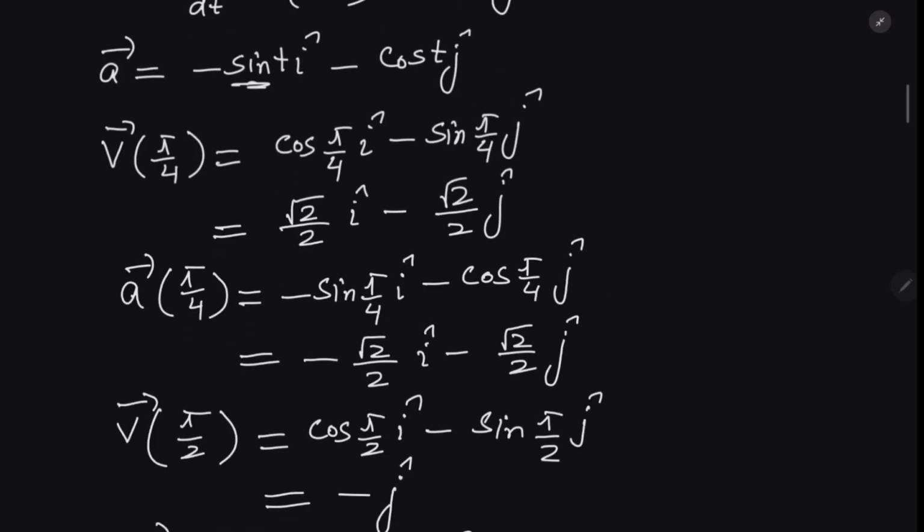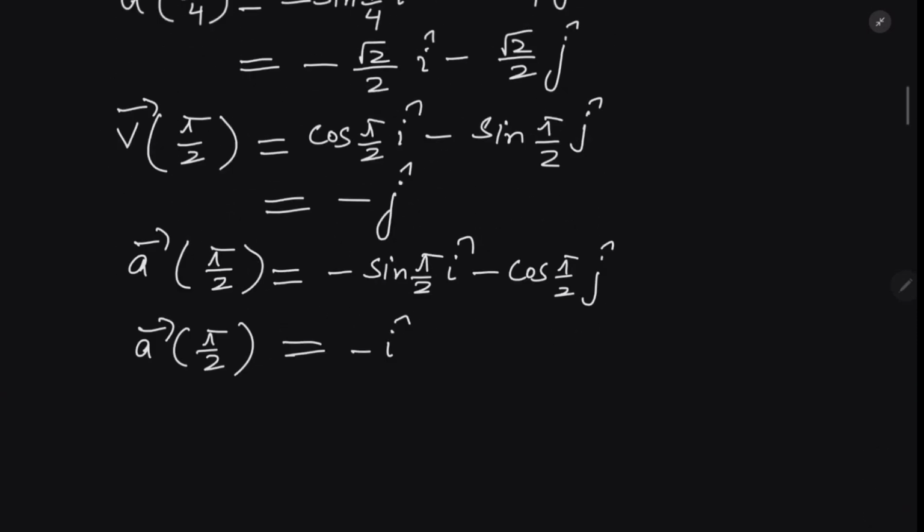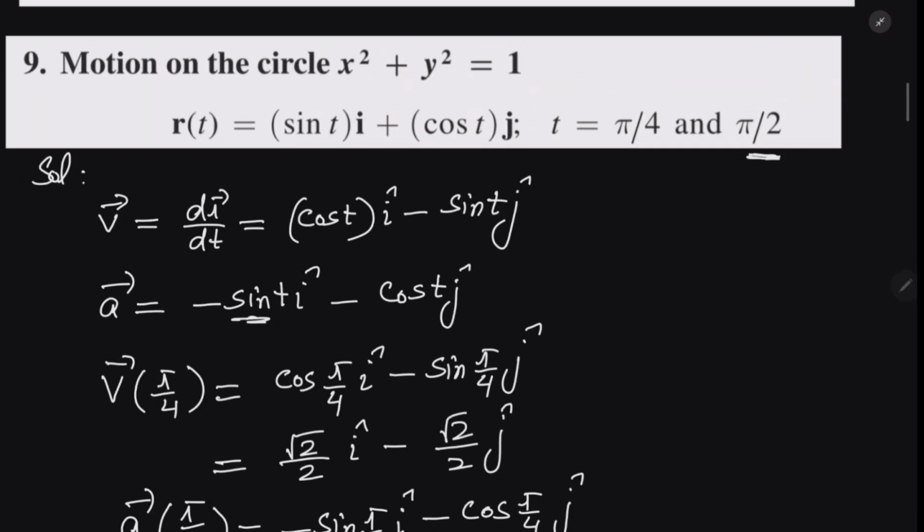Now the question is how to plot this. First, we need to understand what we get from the position vector. So we get the circle, which is already given, but you can also find r yourself by squaring it. Another thing is whether we are moving anti-clockwise or clockwise.